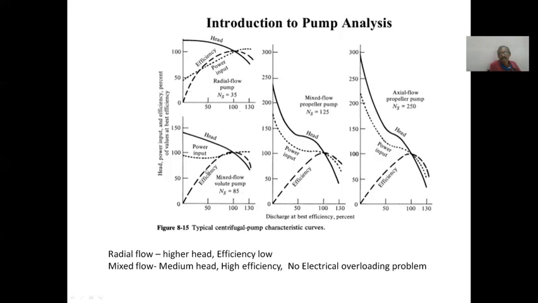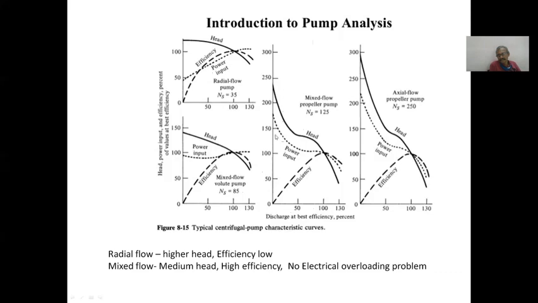So these are some of the basic issues about pump hydraulics that should be kept in mind while selecting a pump for your system. I said that mixed flow propeller pumps, axial flow propeller pumps are not very much used for drip and sprinkler irrigation, but you can also recall how the power input and head curve appears. You see, when you decrease the discharge, the power consumption goes very high.